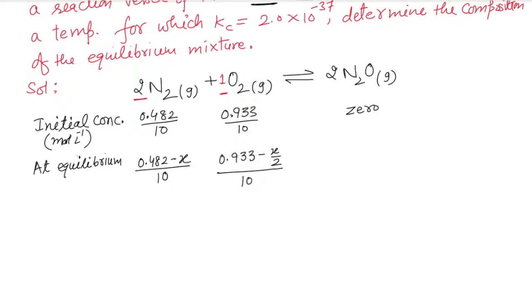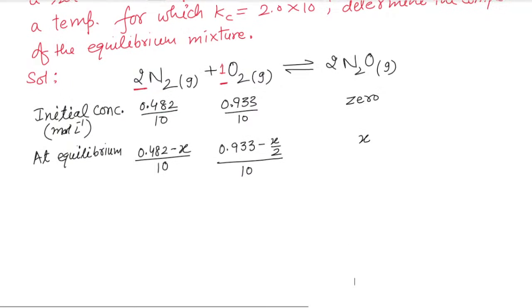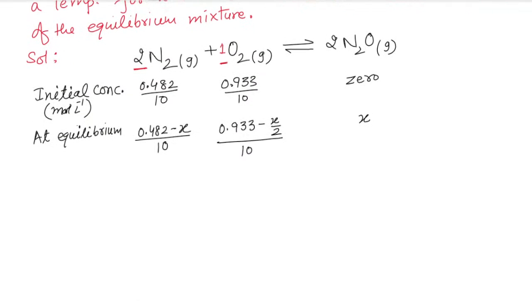That's why better to write N2 as X and O2 as X by 2. Means if X moles of N2 reacts, then at the same time X by 2 moles of O2 reacts and we get X moles of N2O. See, this is like this: 2, 1, 2.